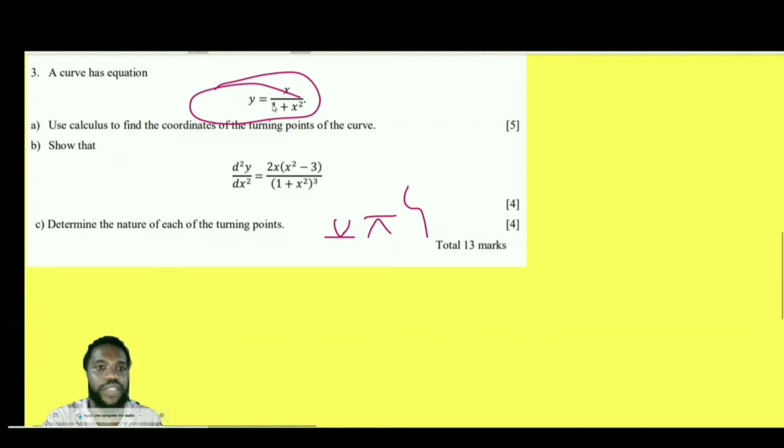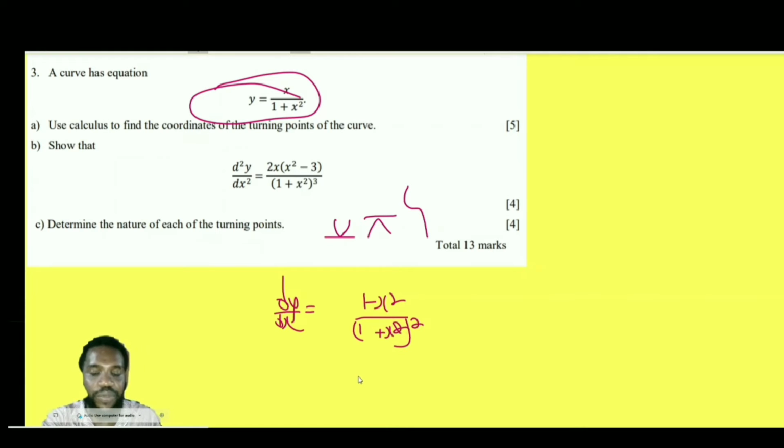Of course, if I'm going to find a second derivative, I have to differentiate the first derivative. And the first derivative is that dy over dx is equal to 1 minus x squared over 1 plus x squared all squared. Alright, put that there.